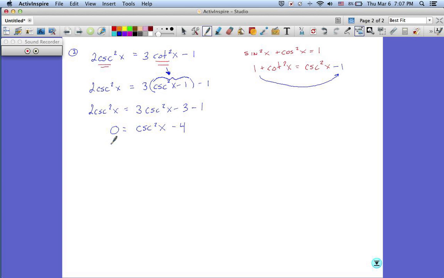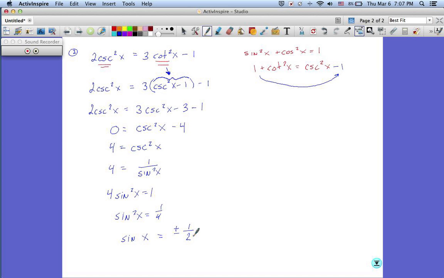Or I could factor if I want, but you'll see what I'm doing here. Couple options here, as there are oftentimes. Cosecant squared, remember, is the same as 1 over sine squared. Multiply. Divide by 4. And take a square root. Be careful whenever you take a square root, plus or minus.